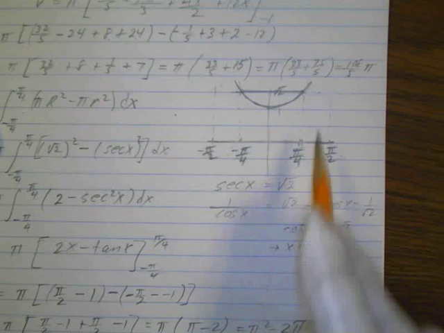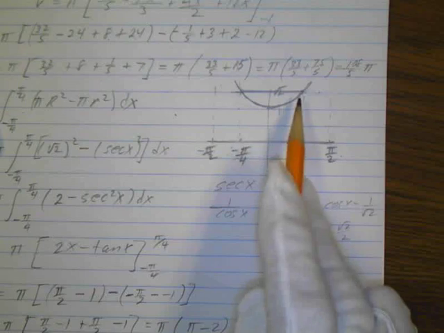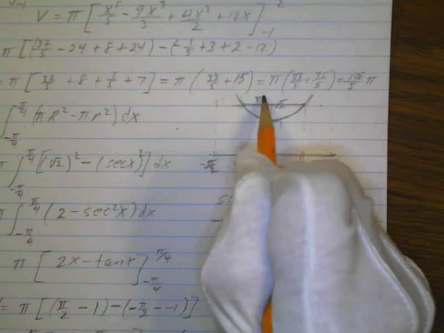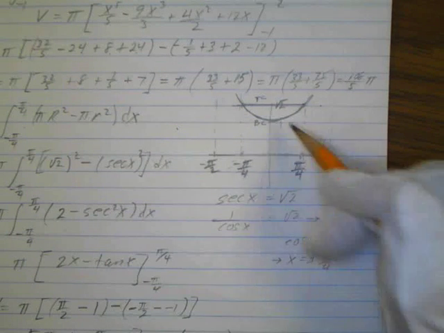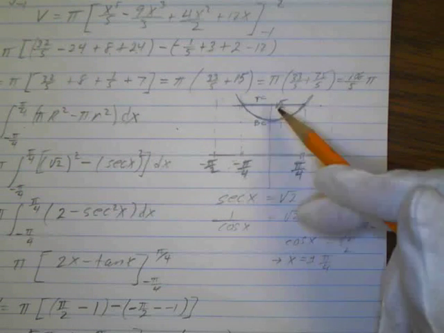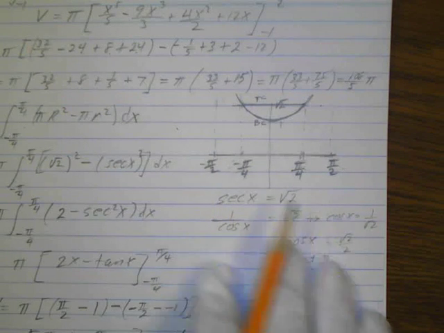Now, this is my top curve, the square root of 2, and the bottom curve is the secant. Top curve, bottom curve, and again, I didn't draw the reflection over here, but we're going to be using a vertical disk. So top curve minus bottom curve, I'm going to rotate this all the way around the x-axis.